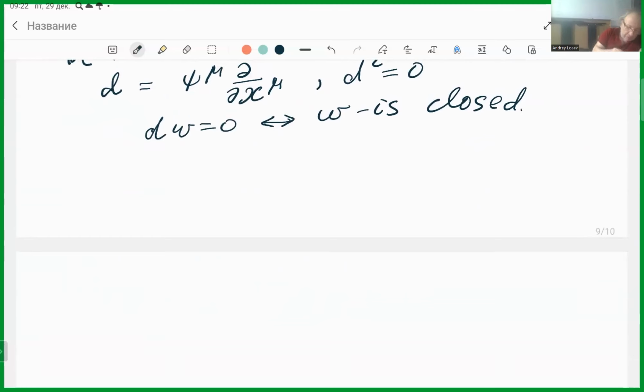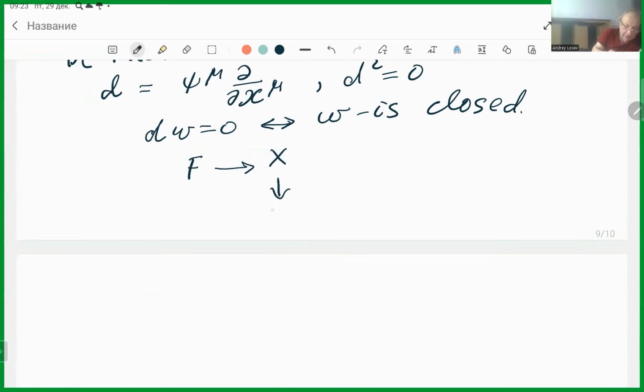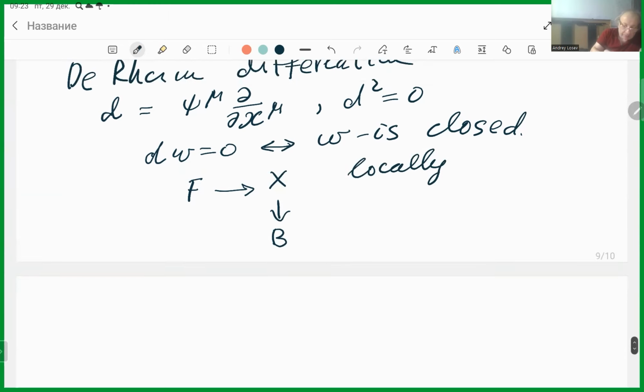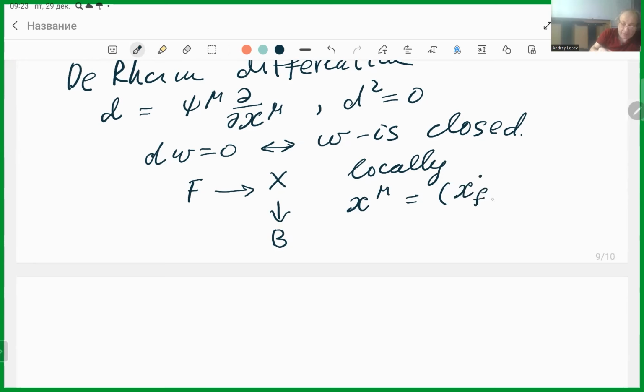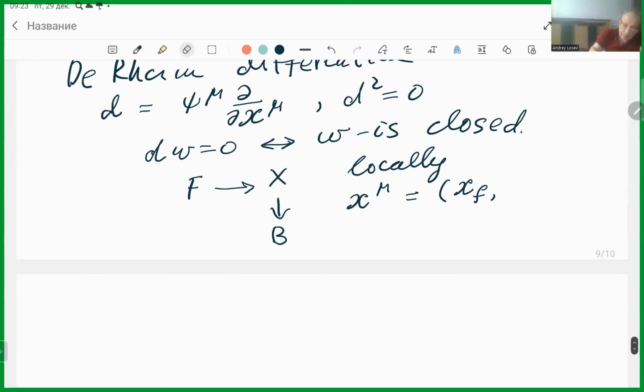Now, I would like to do the following. I will have a fiber F. Here is X, here is B. I would like to decompose coordinates; at least I can do it locally. x mu could be decomposed into x fiber and also x base.